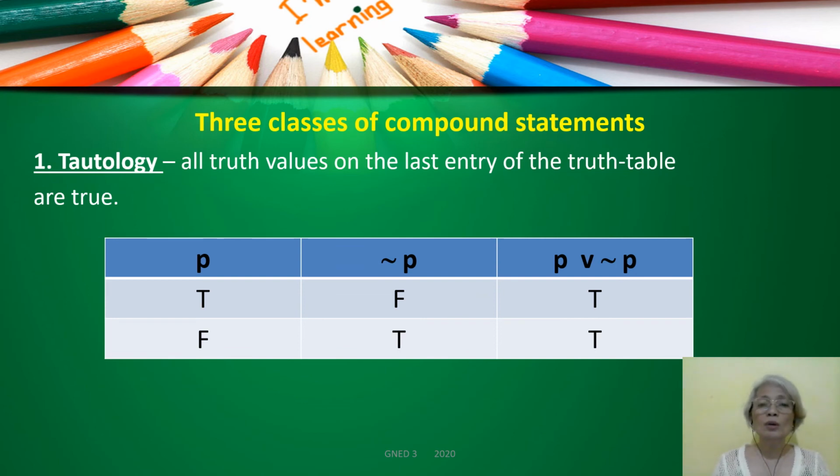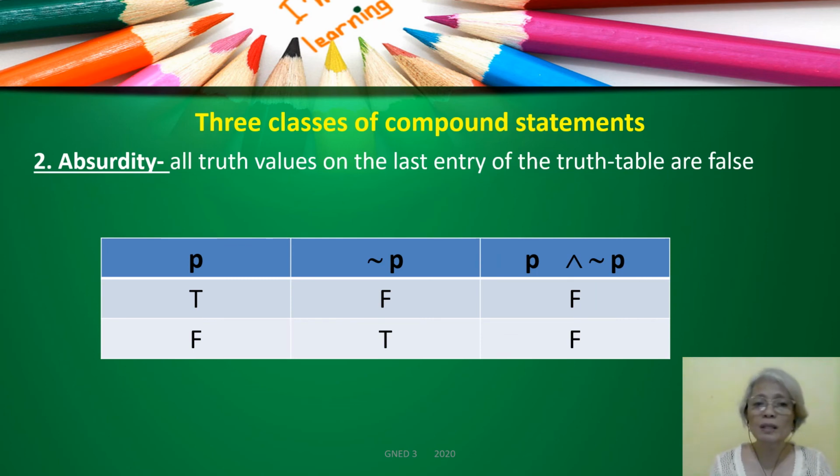Okay, so going on to the three classes of compound statements. We have tautology, where the truth values in the last entry are all true. You look at the third column. The truth value is true for the first row, also true for the second row. All truth values for this statement are true, and therefore we say that this is a tautology.